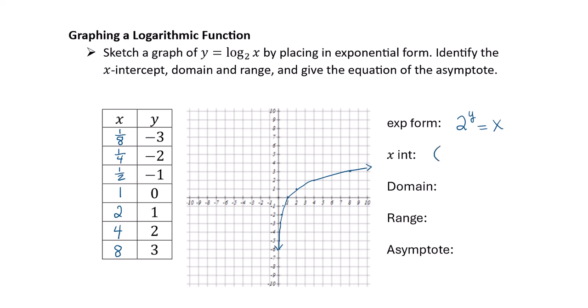And the x-intercept is in the table there, (1, 0). It appears that the domain is from 0 to positive infinity. My range is going to go from negative infinity to positive infinity. And we have a vertical asymptote of x equals 0.